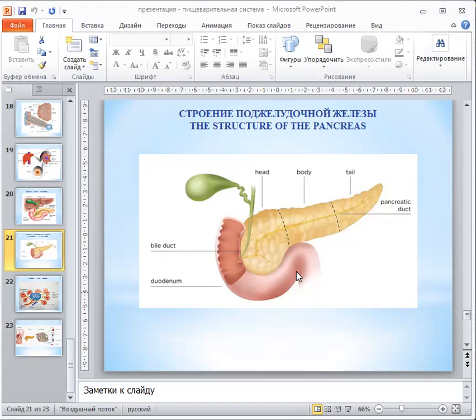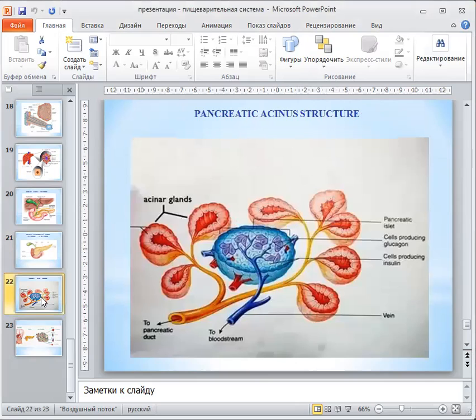The pancreas is divided into 3 parts: the gland head, gland body, and gland tail. The gland head is the part of the pancreas which is attached to the duodenum. There are a main duct and an additional duct in the inner structure.